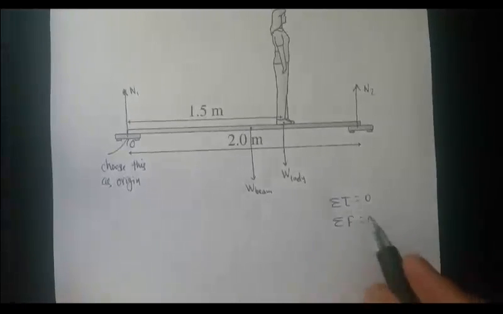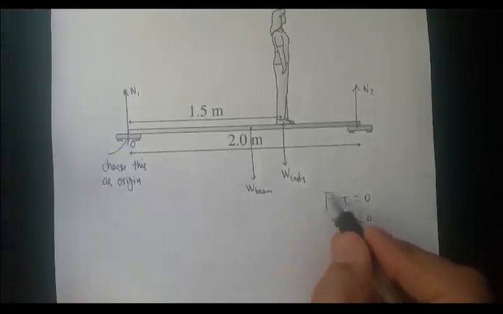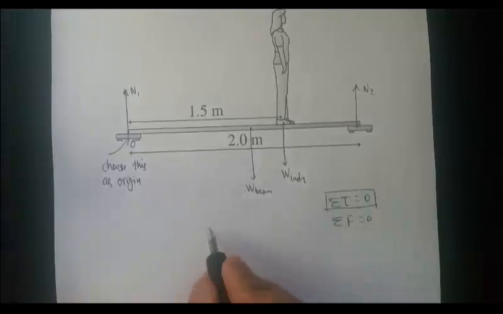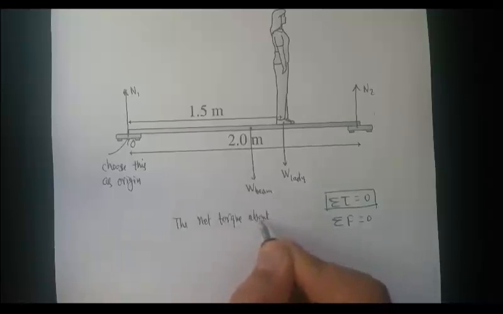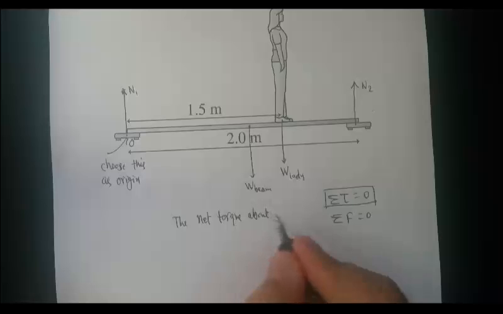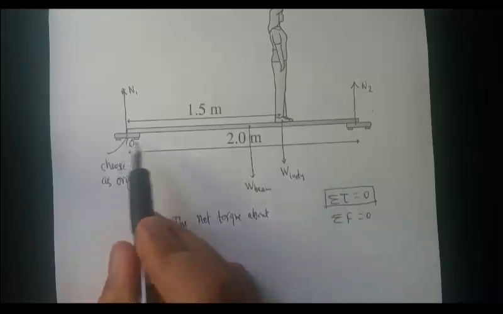So first we're going to apply the net torque is 0 condition. Because torque is always about the pivot point, here we choose the origin.